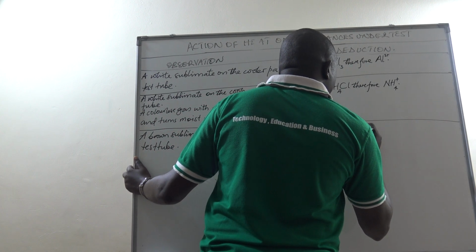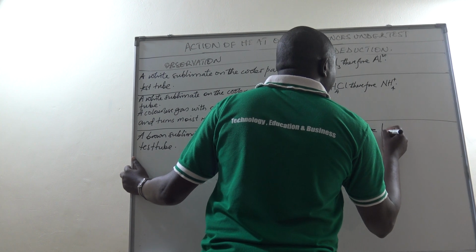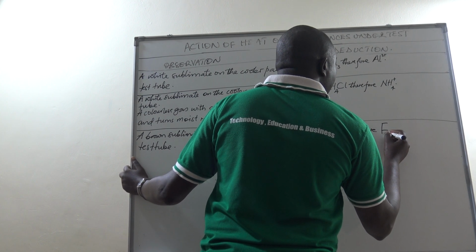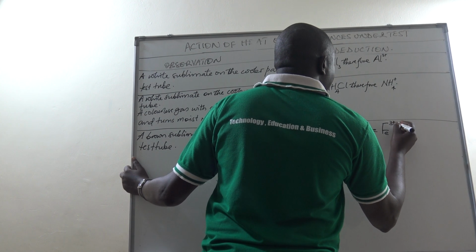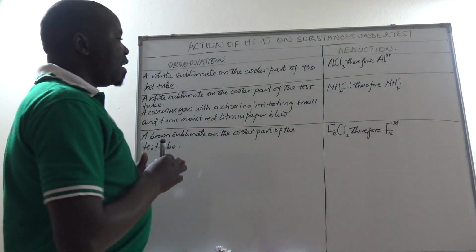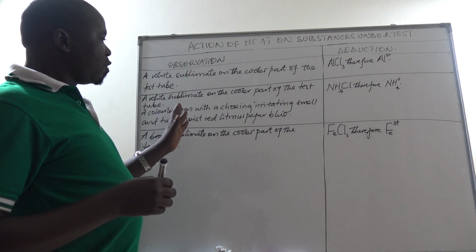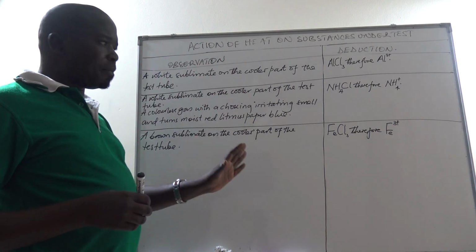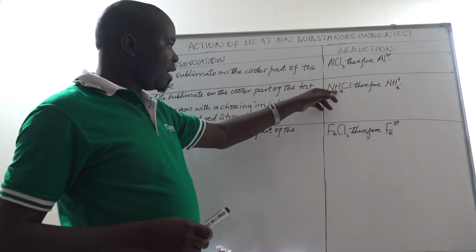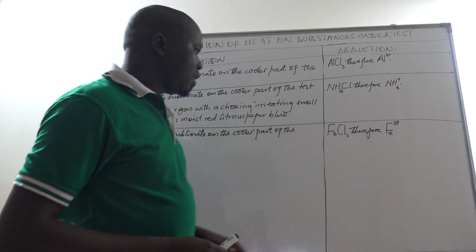It is iron 3 chloride, and therefore we have got the iron 3 ion. So here we are a bit specific because we have just a handful of substances at ordinary level that undergo sublimation when we heat them. So we have mentioned them here, and then these are the ions likely to be present in there.